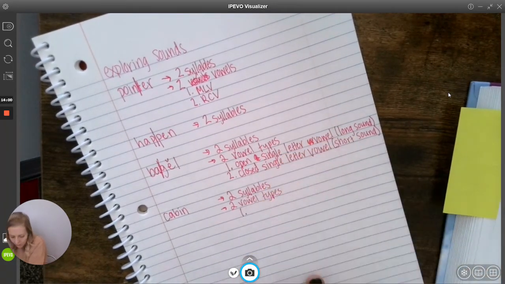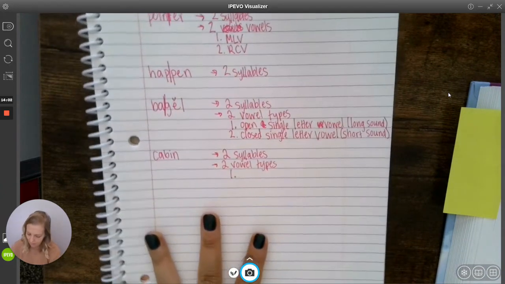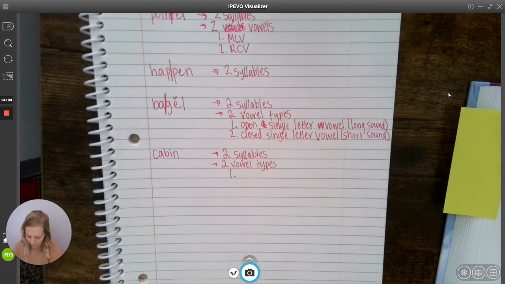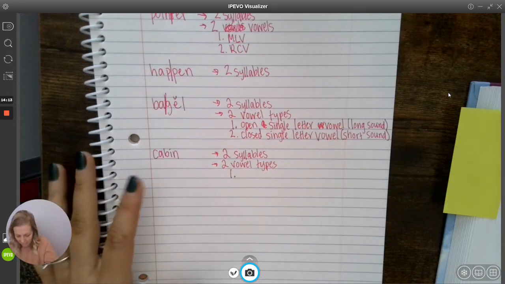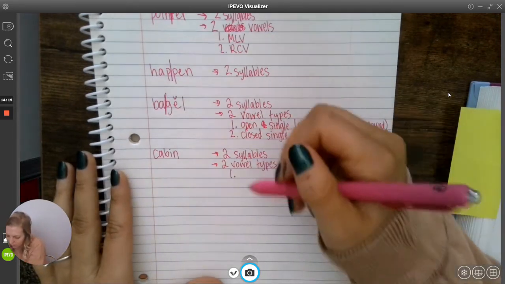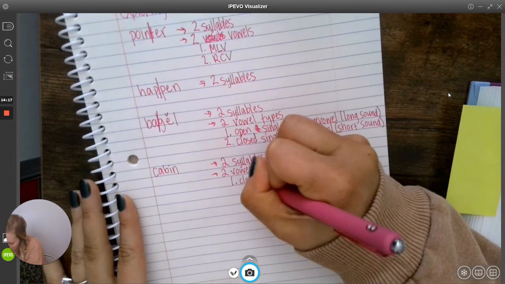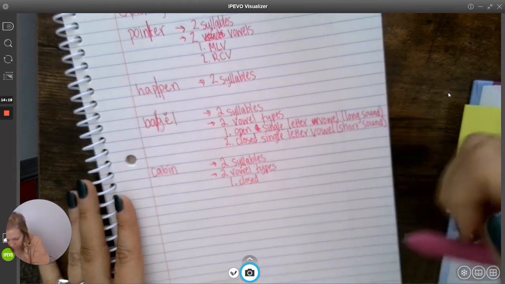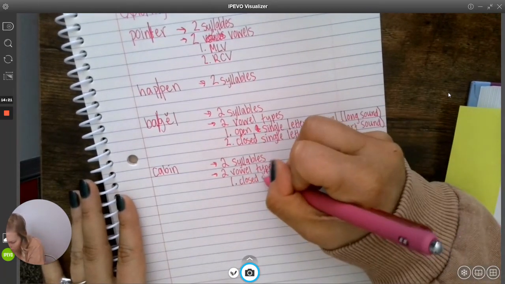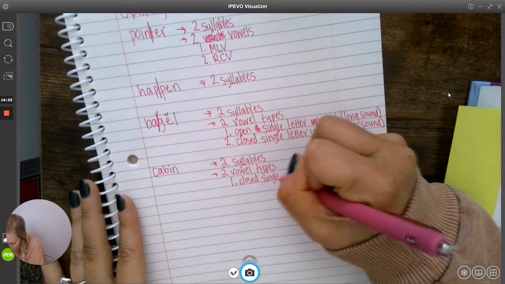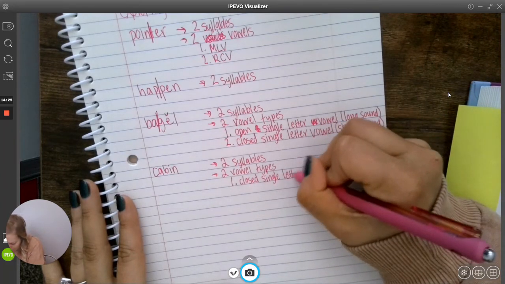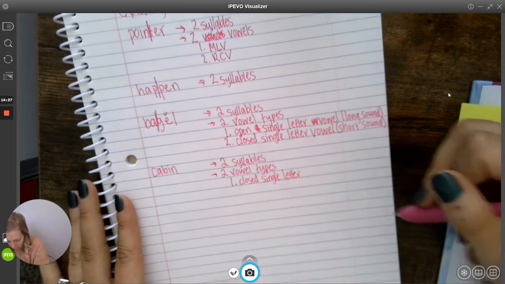And the first one is what? Cab-in. Is a closed single letter vowel.